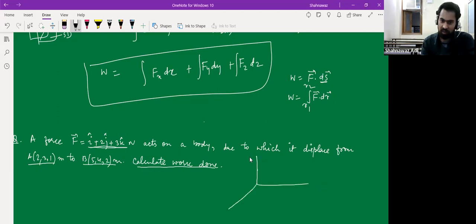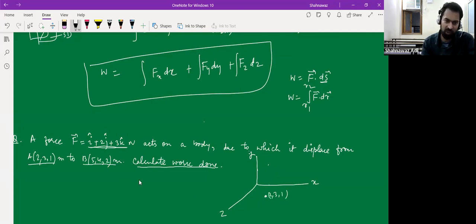So 2, 3, 1. Let's say this is x, this is y, and this is z. So in x you are at 2, in y you are at 3, and in z you are at 1. So this point is 2, 3, 1.